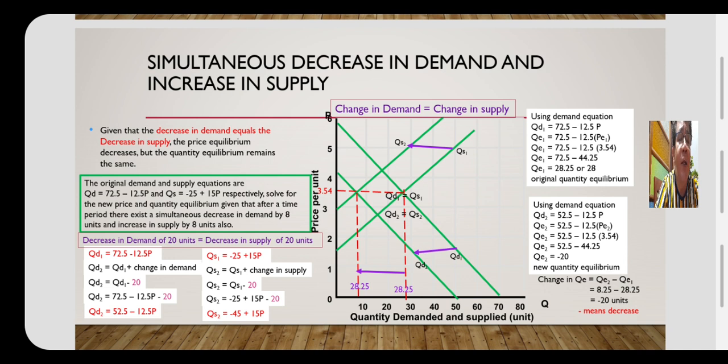But let us look at the location of the new equilibrium point.